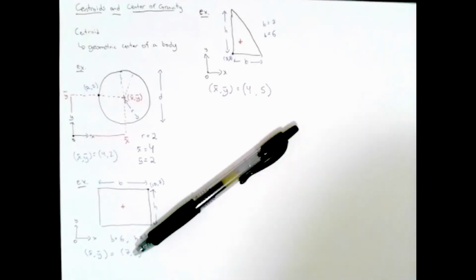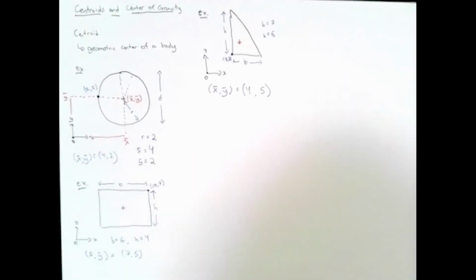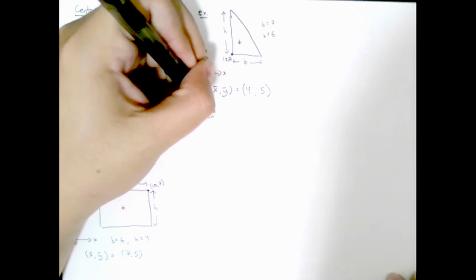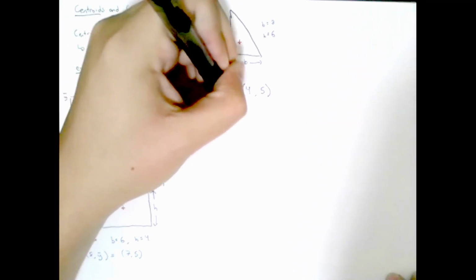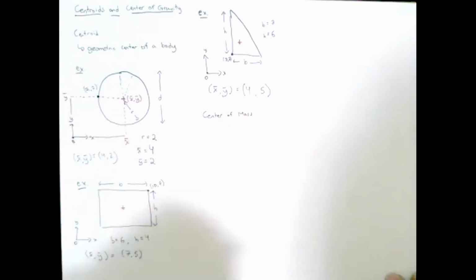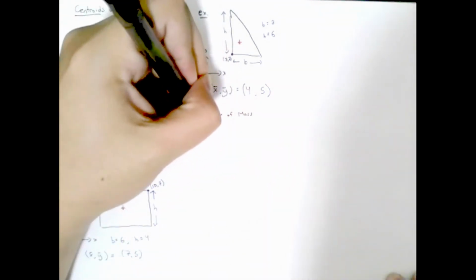The most important thing that we care about in this course is actually with relation to forces. So in order to find out about these forces, we need to define a couple of extra terms. So we said that the centroid is the geometric center of a body. The center of mass is essentially the centroid of a mass distribution of a body.